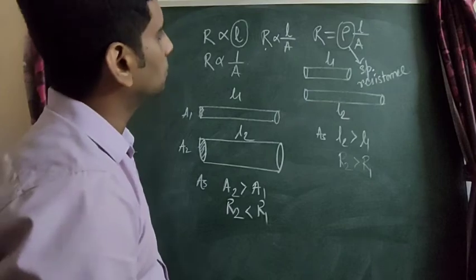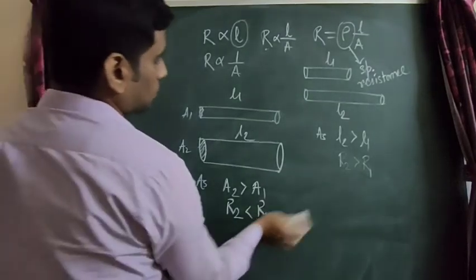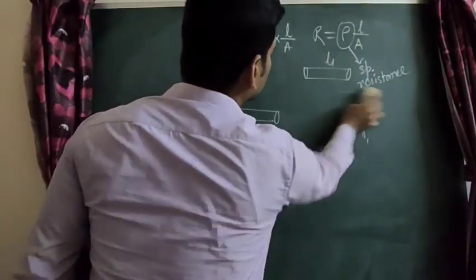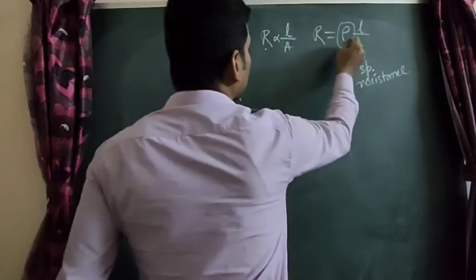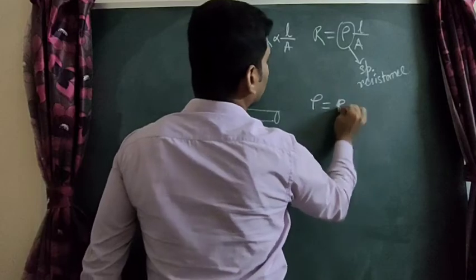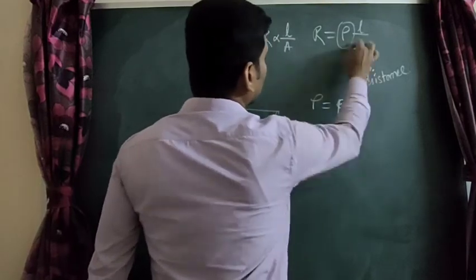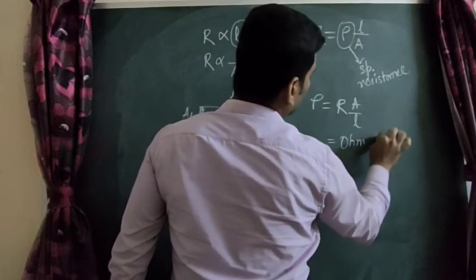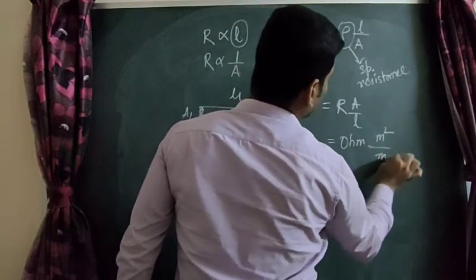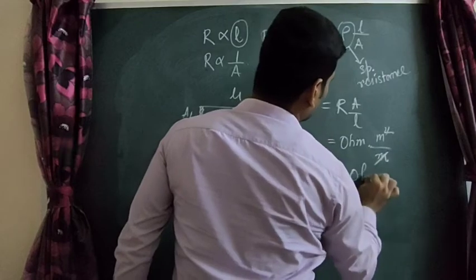What is the unit of specific resistance? Rho equals R into A by L from this equation. So ohm, area means meter square, length means meter, so the unit is ohm meter.